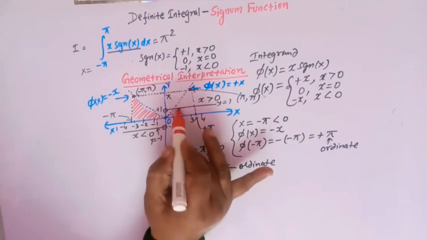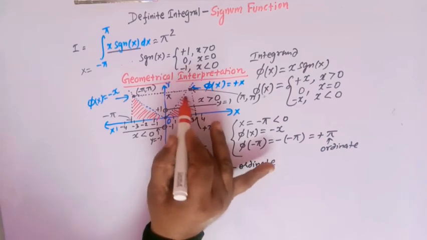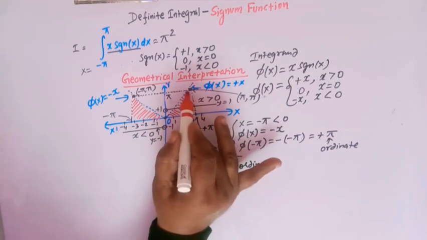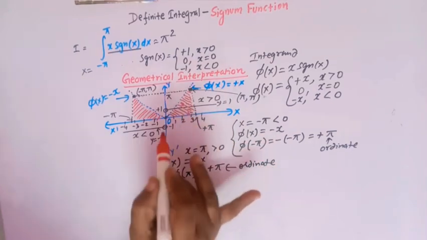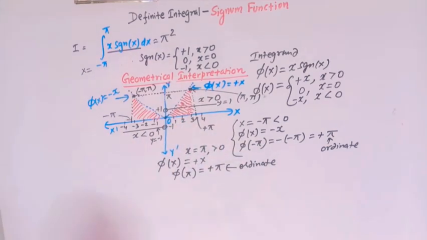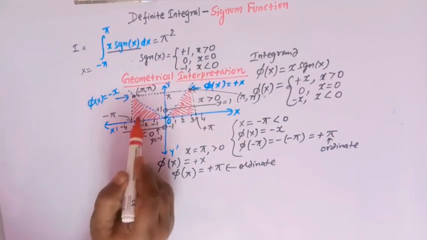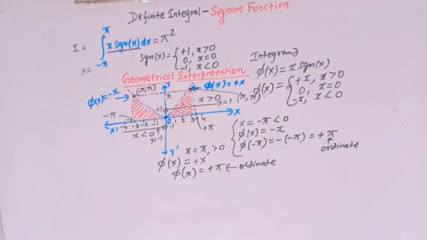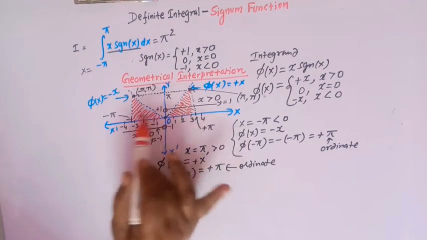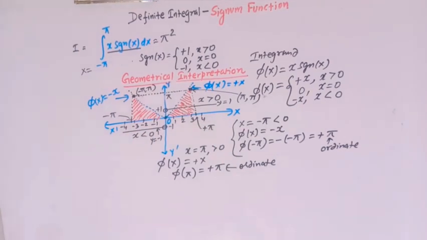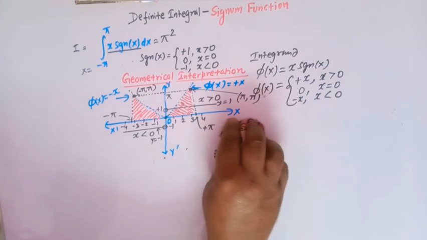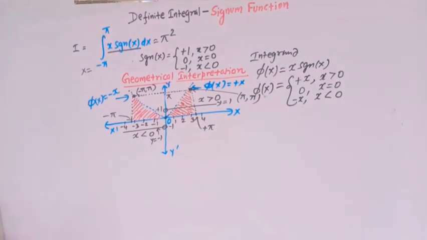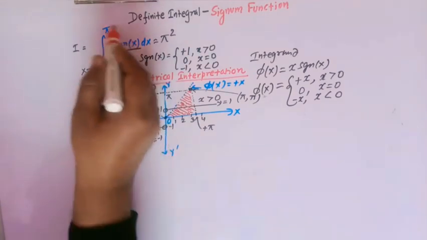So the value of the given integral can be calculated, or it can be geometrically interpreted as the sum of these two areas. So here we have two triangles, and the sum of the areas of these two triangles is the value of our integral.